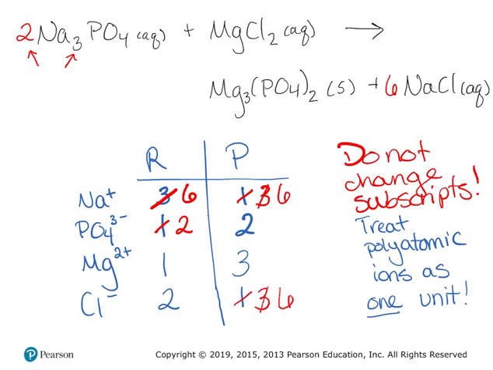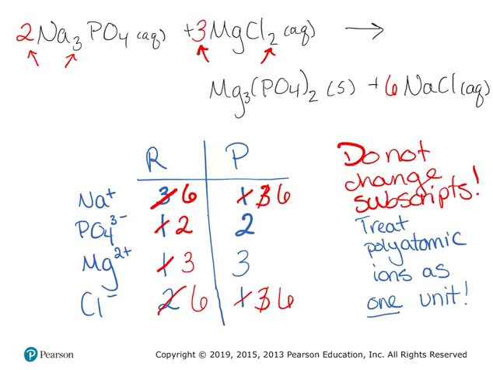That's okay. Now magnesium ions, I need 3 on each side, so I'm going to put a 3 in front of magnesium chloride. So that gives me 3 magnesium ions in the reactants. And I'm also multiplying the chloride ions by 3. So now I have 6 chloride ions in the reactants.